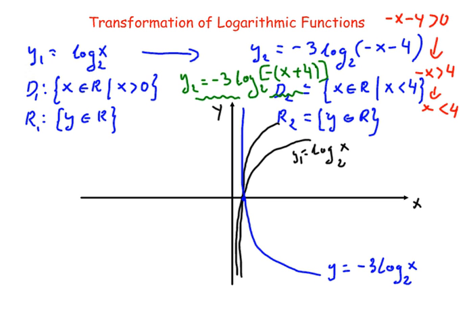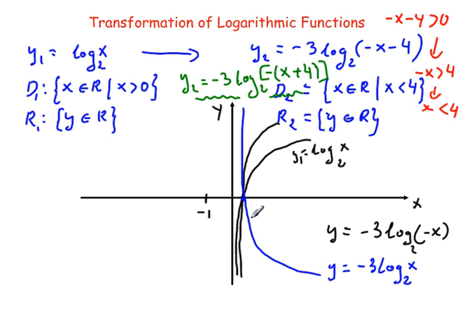The negative coefficient in front of x causes the entire graph to be reflected in the y-axis. So let us think of y equals negative 3 log to base 2 of negative x.